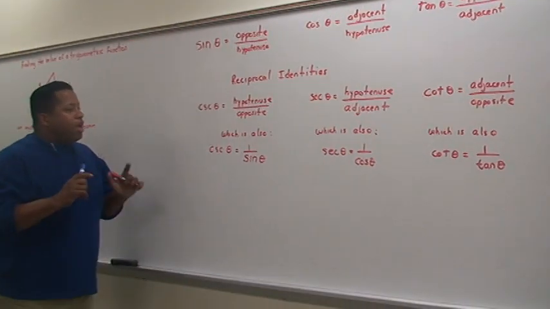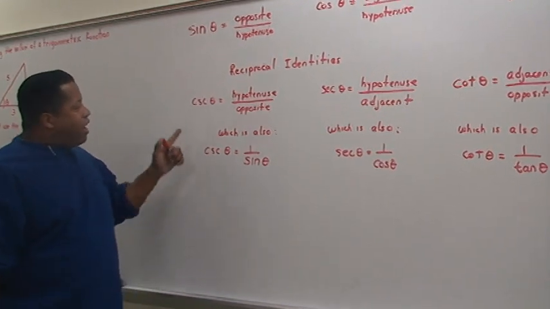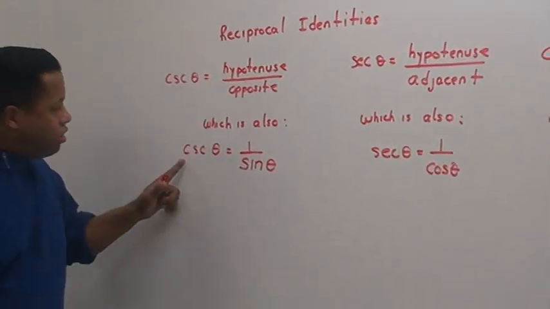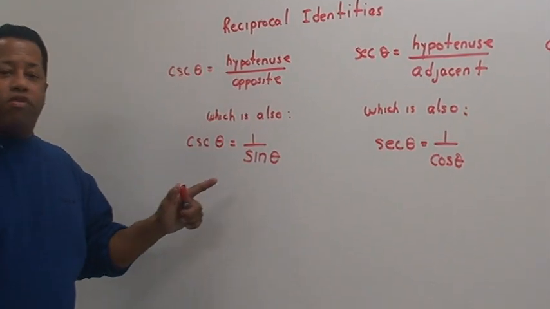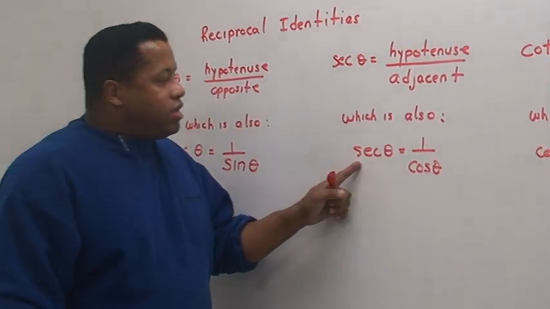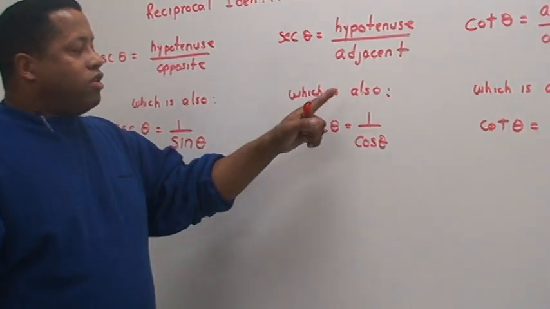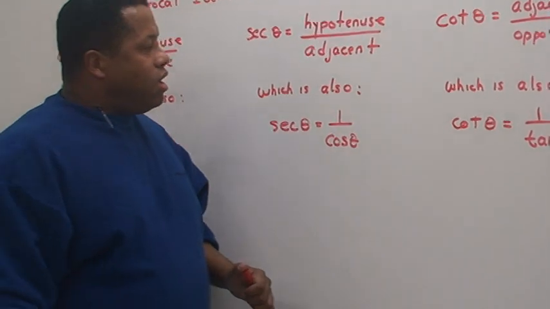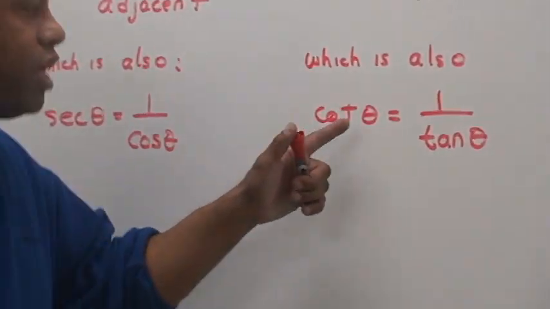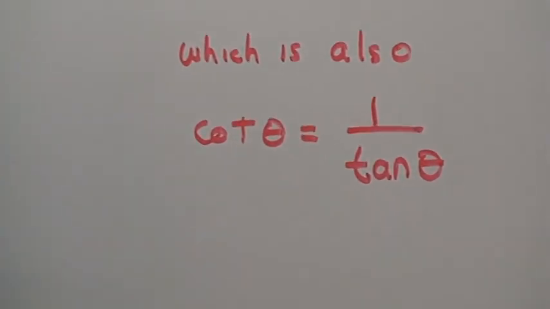They can also be represented this way: cosecant equals 1 over sine theta, secant theta equals 1 over cosine theta, and cotangent equals 1 over tan theta.